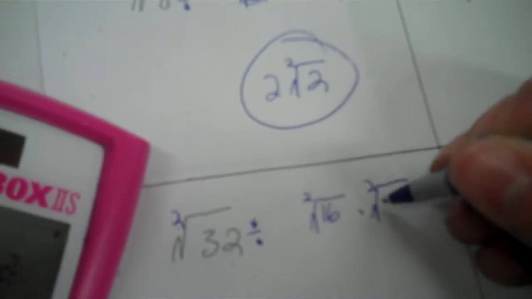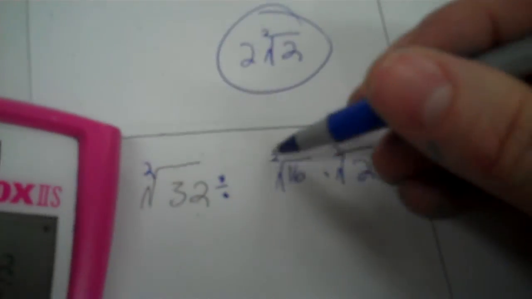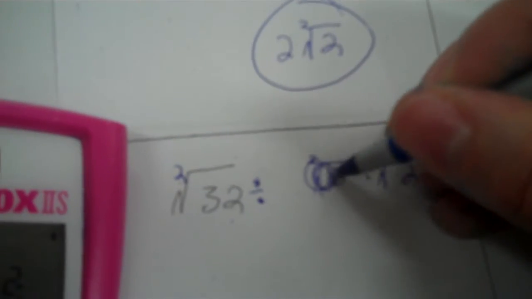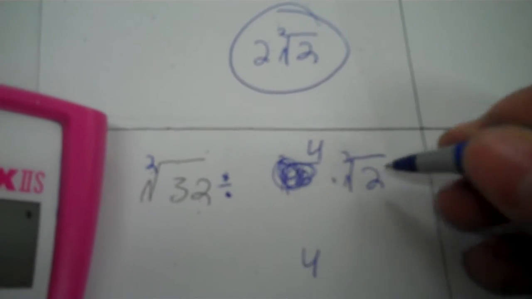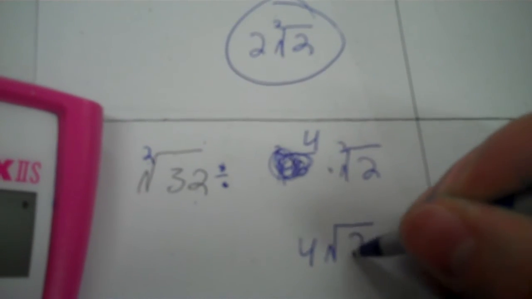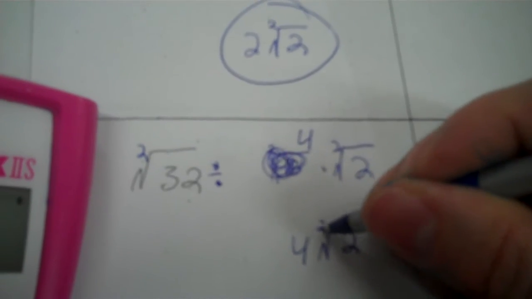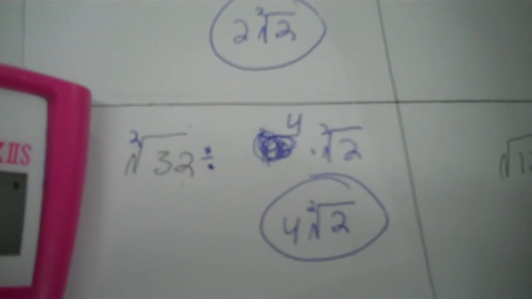Then I'd go to 16. I got something that would work, so I put 16 in the first radical and 2 in the second. So I replace the square root of 16 with 4. So I have 4, and then radical over 2, and then put a 2 in there to tell people that's a square root.